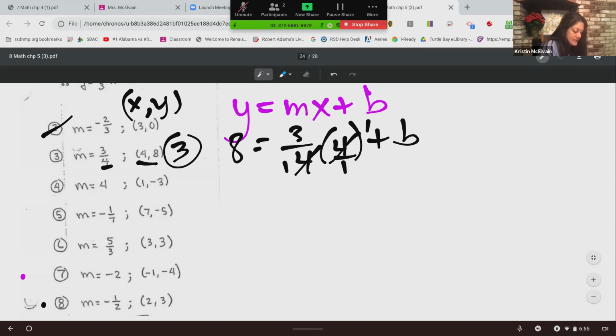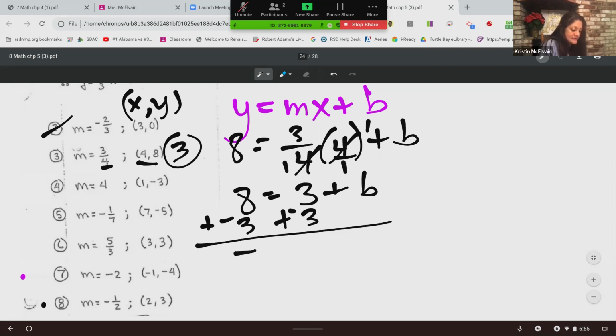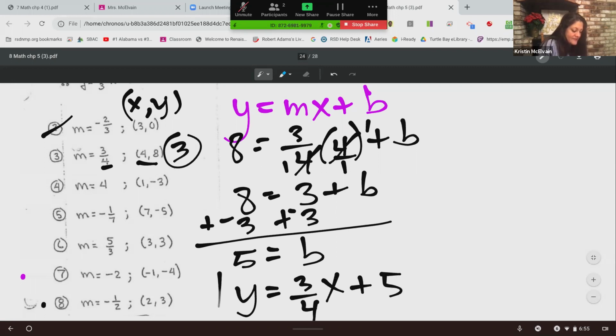The 4's cancel out, gives us 8 equals 3 plus b. Add the opposite to both sides. 5 equals b, gives us y equals 3/4 x plus 5.